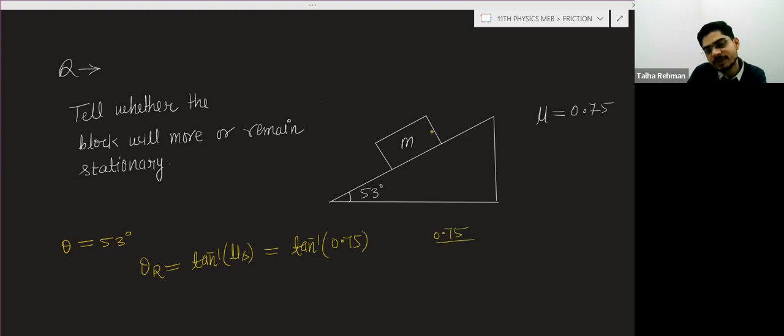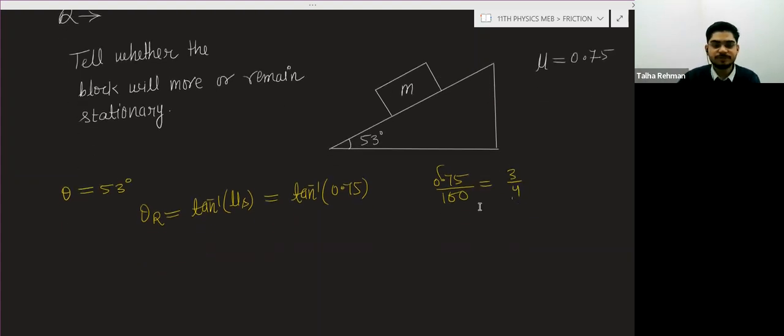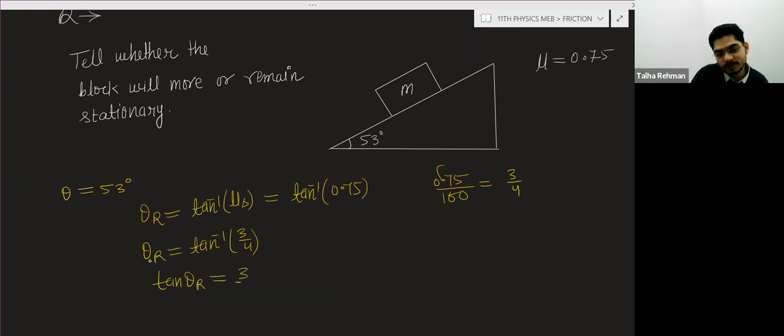It is 75 by 100, and when you divide it, it becomes 3 by 4. So the angle of repose is tan inverse of 3 by 4. How can you find theta r? This inverse goes to the other side, so tan theta r is equal to 3 by 4.